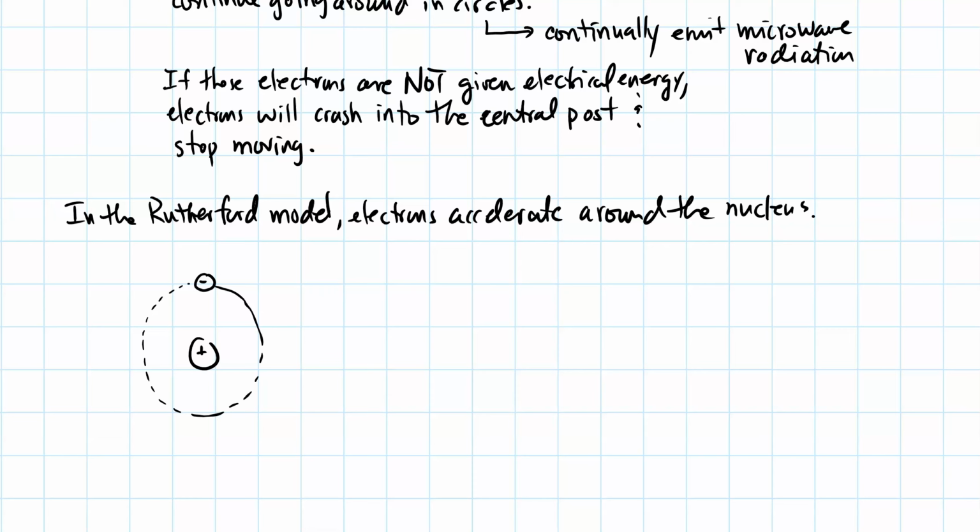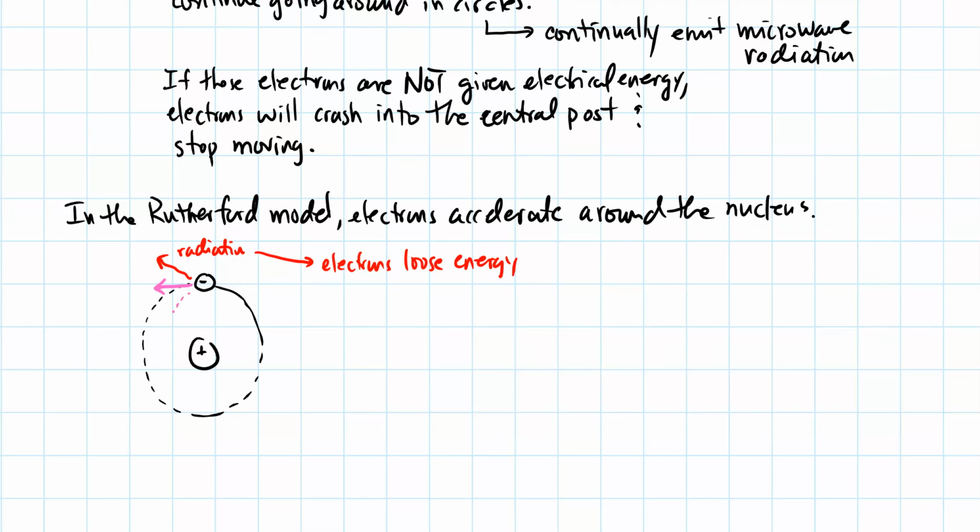What are we actually seeing? As the electron is going around, it constantly emits radiation. But this radiation means the electron loses energy. And if it loses energy, its orbit gets smaller.